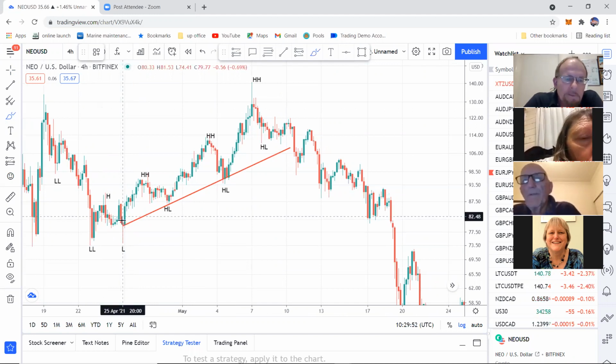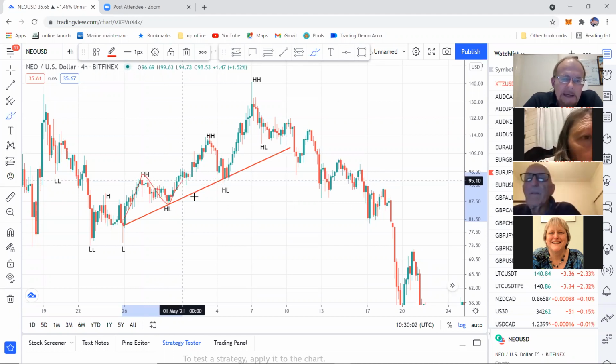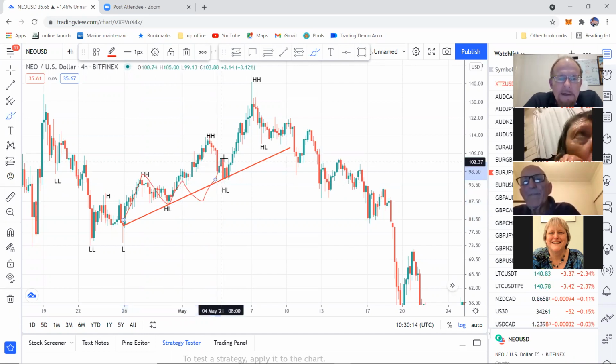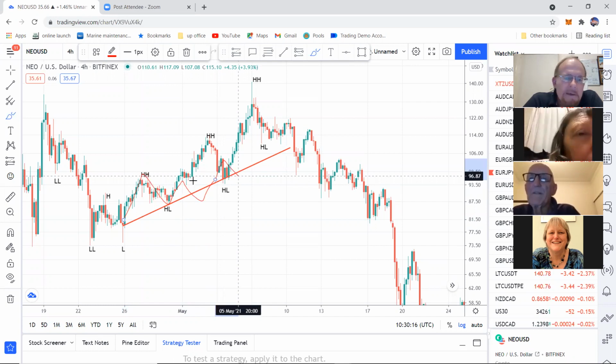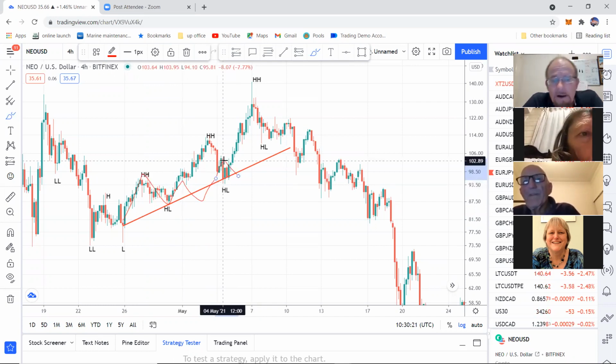Let's say it formed this lower low and then it came up here, formed this higher high, and then it might have formed a higher low, and then it might have gone to there and then came down to here and then come up to here. Okay, so it's still sort of going upwards, or it started to go sideways a bit, or from here it might have gone up to there and then down to there. So we've got a higher high, a lower high, and then a higher high.